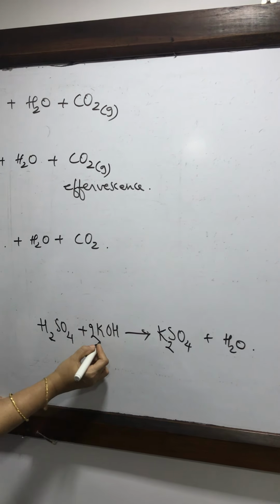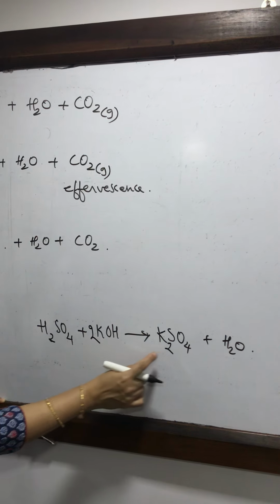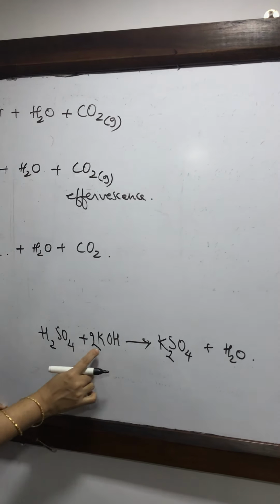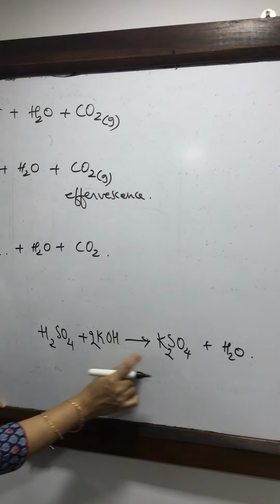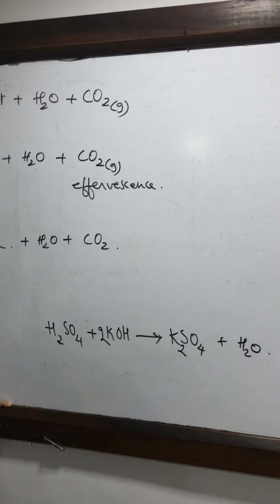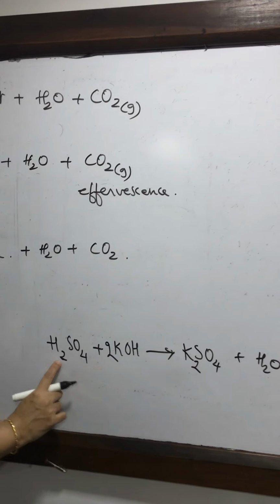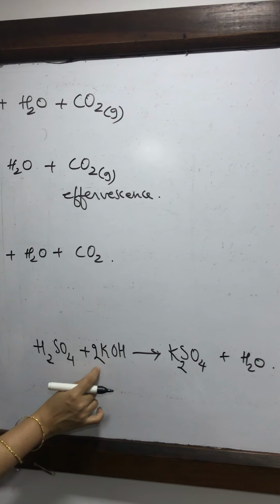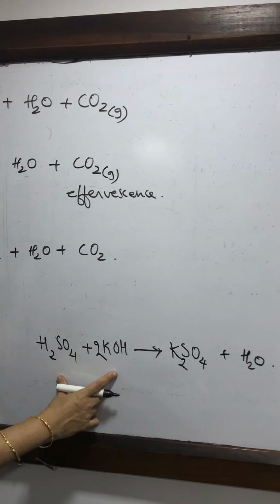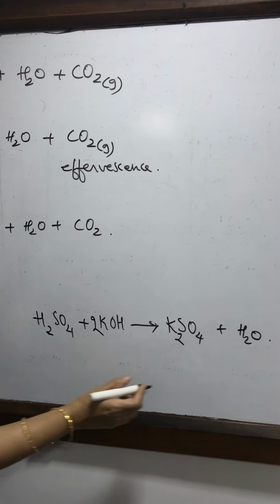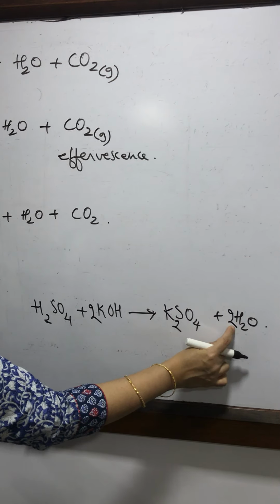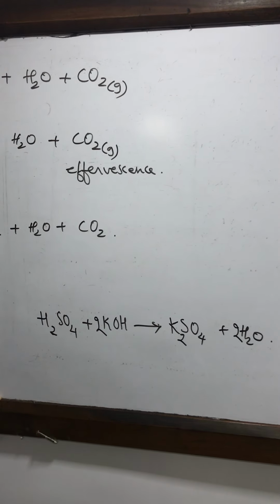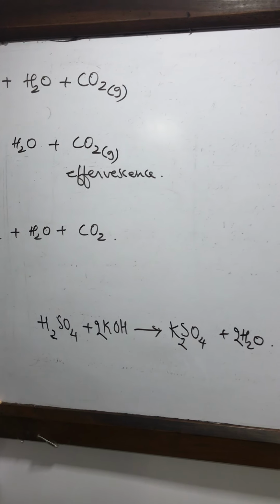So to make it equal, I will multiply KOH by 2. That makes the number of potassium atoms equal on both sides of the equation. On the reactant side, we have 2 plus 2 hydrogens, total 4 hydrogens on the reactant side. So I will multiply water 2 times and make the number of hydrogen atoms equal.